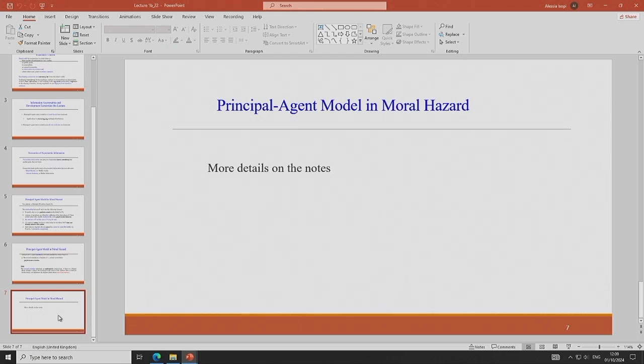Given that, conditional on E, the level of effort, equal to 0, it's going to be labeled pi naught. The probability that the outcome variable, Q tilde, is equal to Q upper bar conditional on E equal to 1 is going to be equal to pi 1.